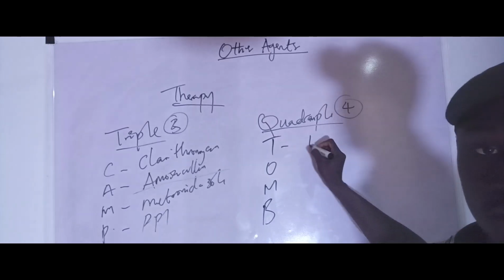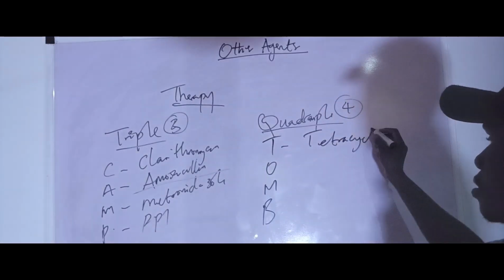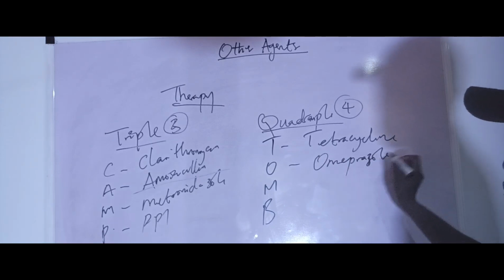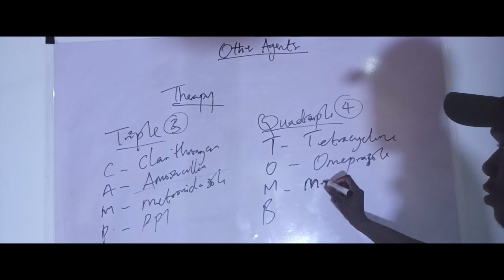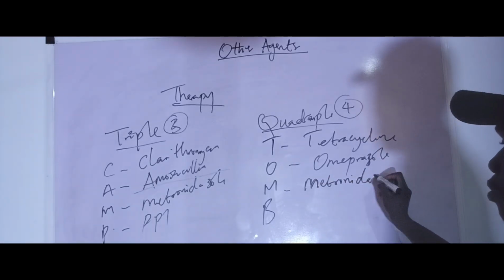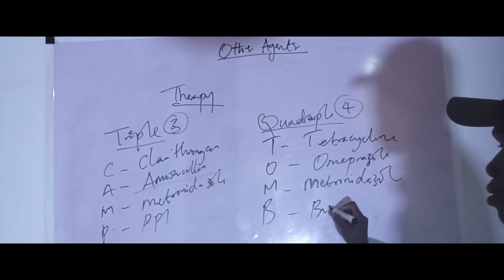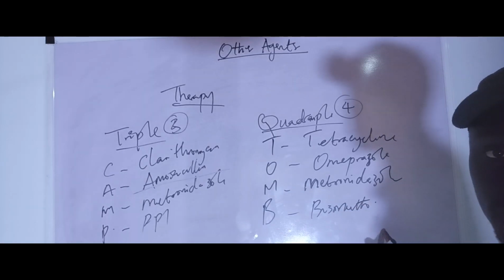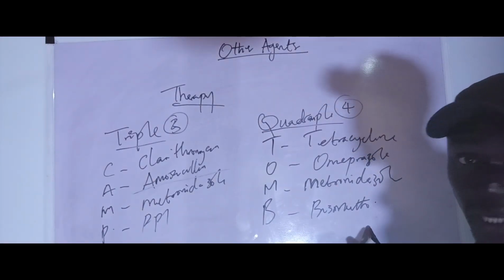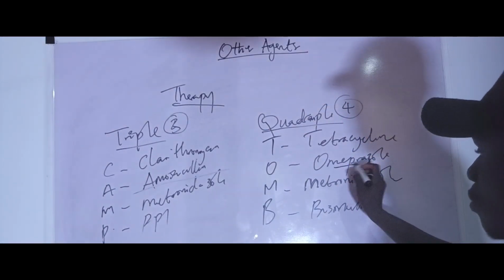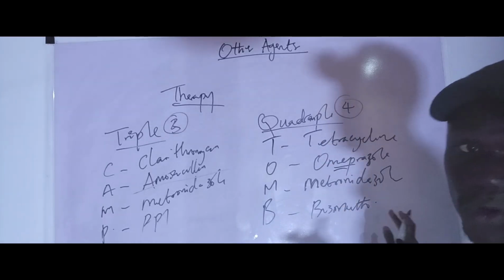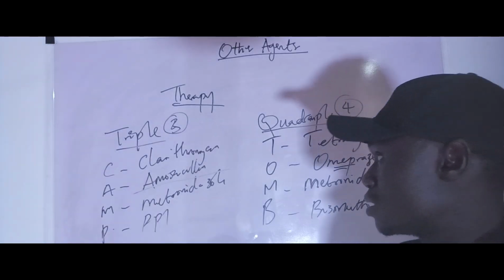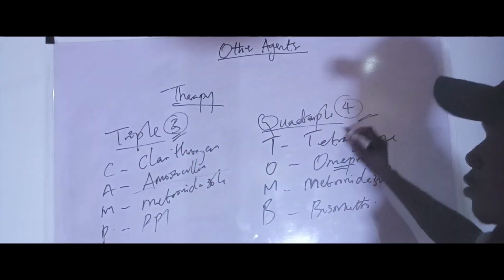T for tetracycline, O for omeprazole, which is a proton pump inhibitor, M for metronidazole, and B for bismuth, which is bismuth subcitrate. This omeprazole, you can use other PPIs. Omeprazole just stands for the PPI to make the TOMB mnemonic come alive. So this is the triple therapy, and this is the quadruple therapy.